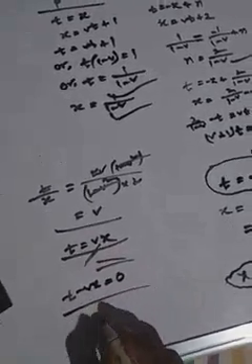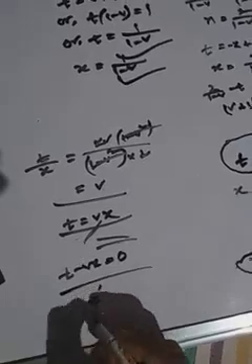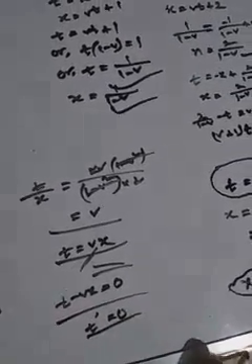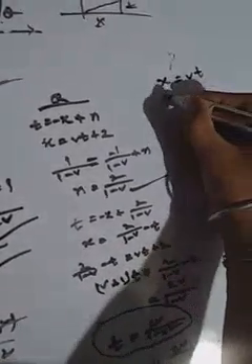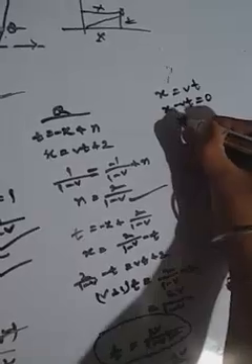We can write this as t dash equals 0, just as we can write for x equals vt, x minus vt equals 0 gives x dash equals 0. Why x dash?